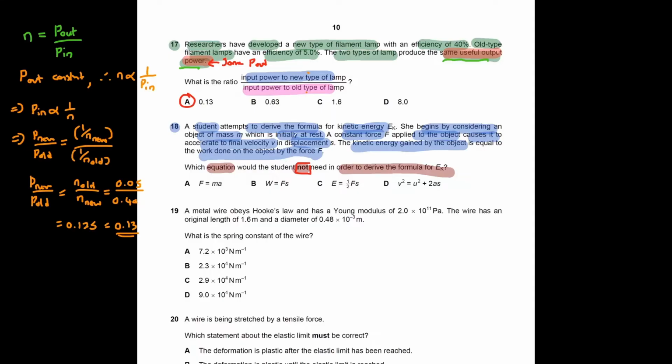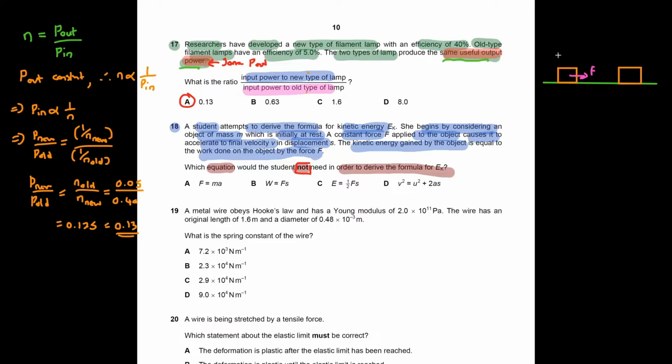So in our case, let's just go through a bit of how kinetic energy was derived in the first place. So imagine this. You have a block that you try to apply a force of F, a constant force F. When you apply a force F, this block will start to accelerate.